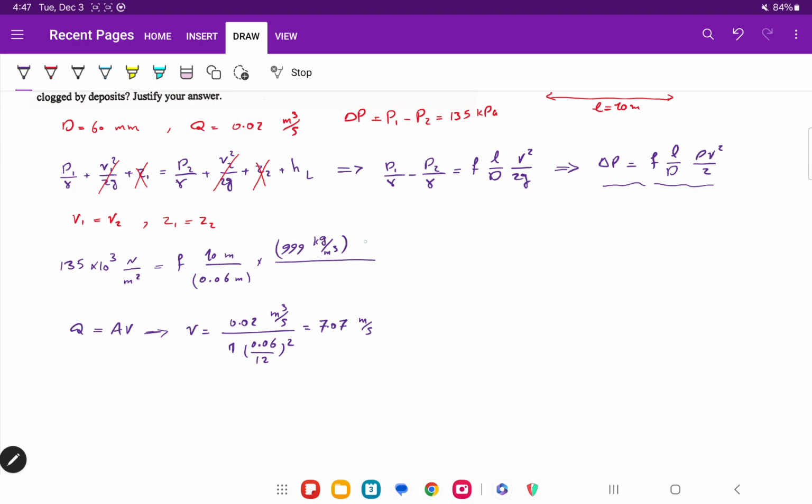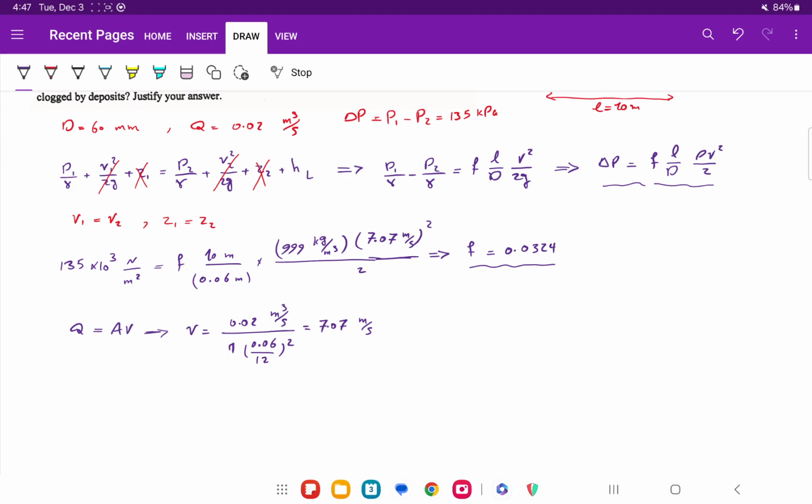So we have the velocity now, 7.07 meters per second, V square over 2. So friction can be found from this: 0.0324. This is the friction that we calculated. This is the actual friction we have in our pipe.